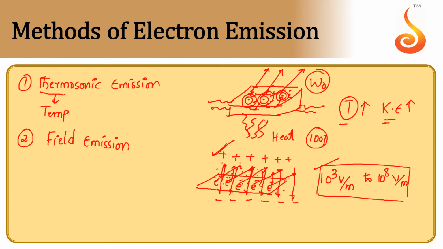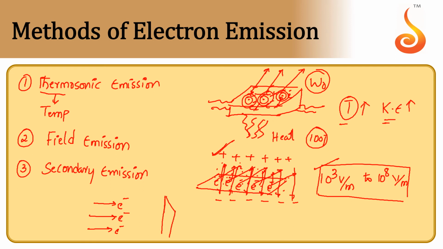And there is another method to remove an electron, that is secondary emission. Secondary emission is nothing but, if there are fast moving electrons from electron tubes, for example, electrons moving with a very high velocity, and if I place the metal in that path, what happens?